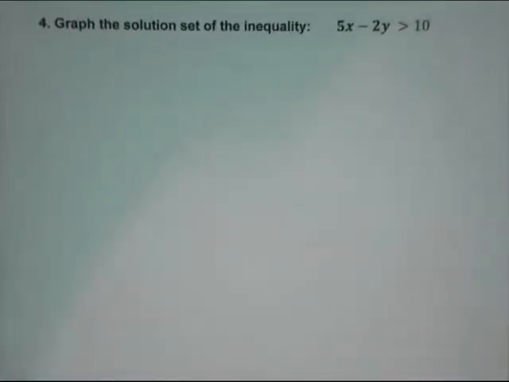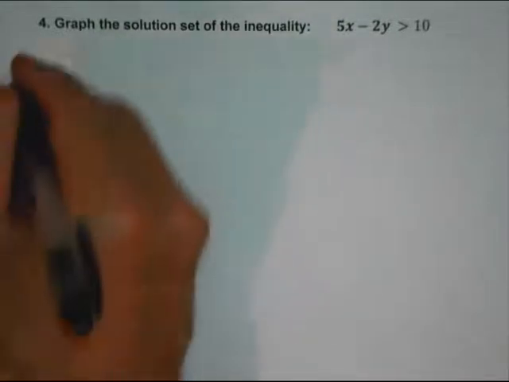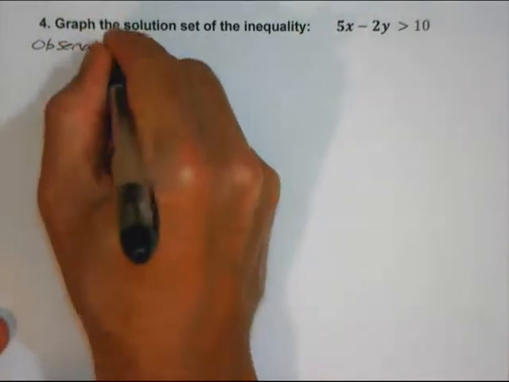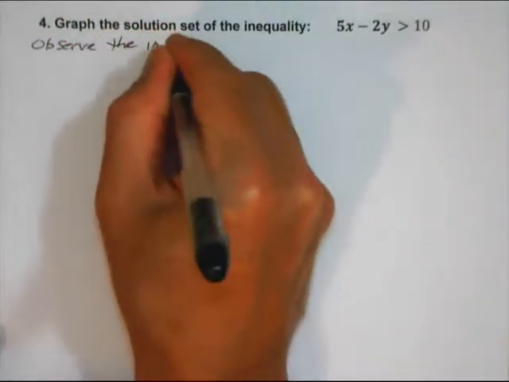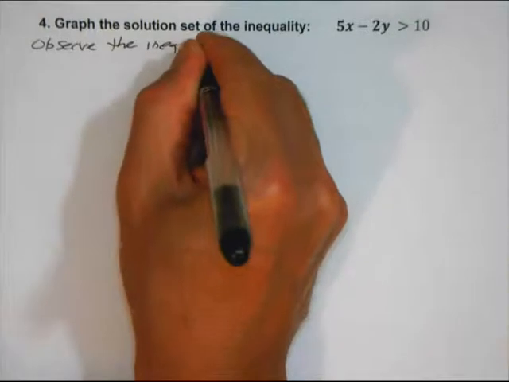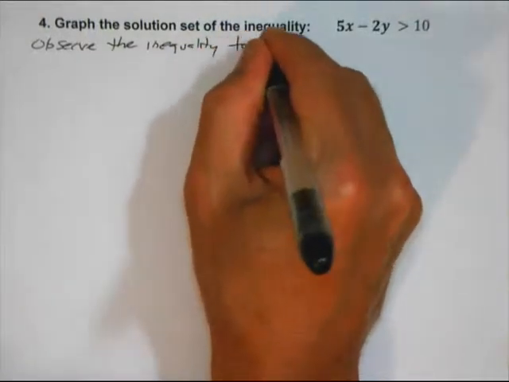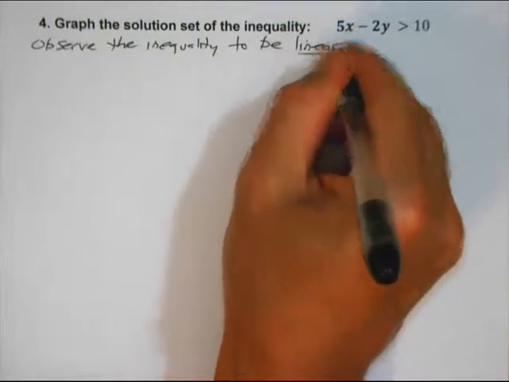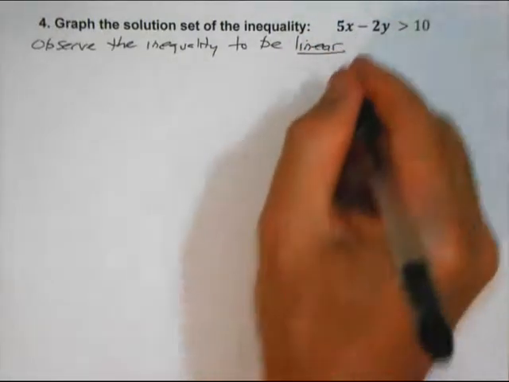Exercise number 4. Graph the solution set of the inequality 5x minus 2y greater than 10. First thing you notice about this inequality is that it's linear, with two variables, of course.